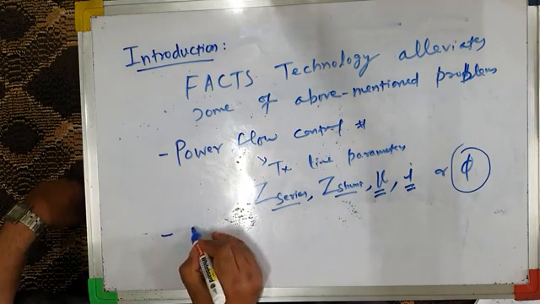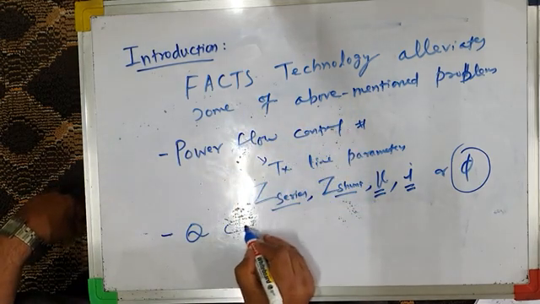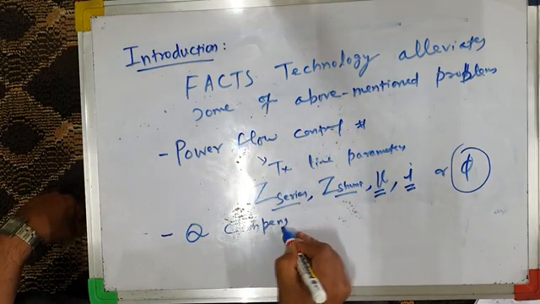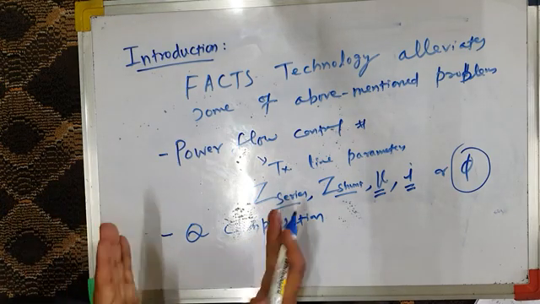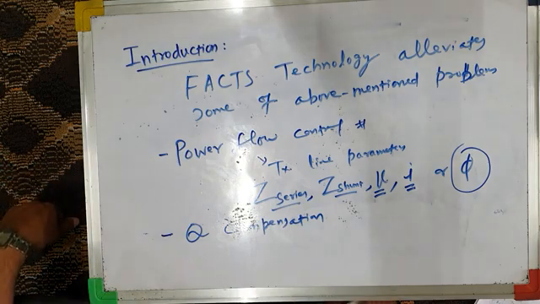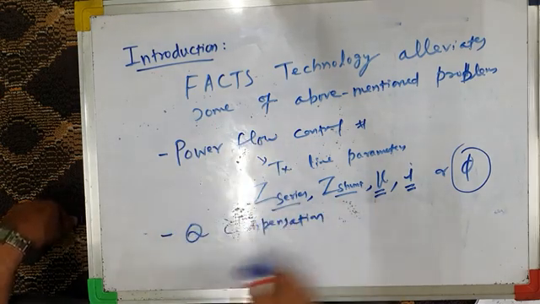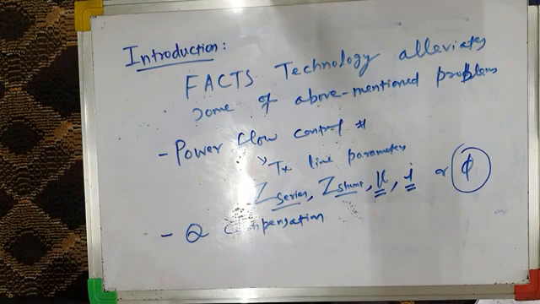Another advantage of using FACTS technology is that it results in perfect Q compensation. Q compensation means reactive power compensation. Here also we use capacitor banks for injecting reactive power into the system, but the system is not mechanically controlled. Using FACTS technology, it becomes an electronically controlled system, and electronic control is very fast.